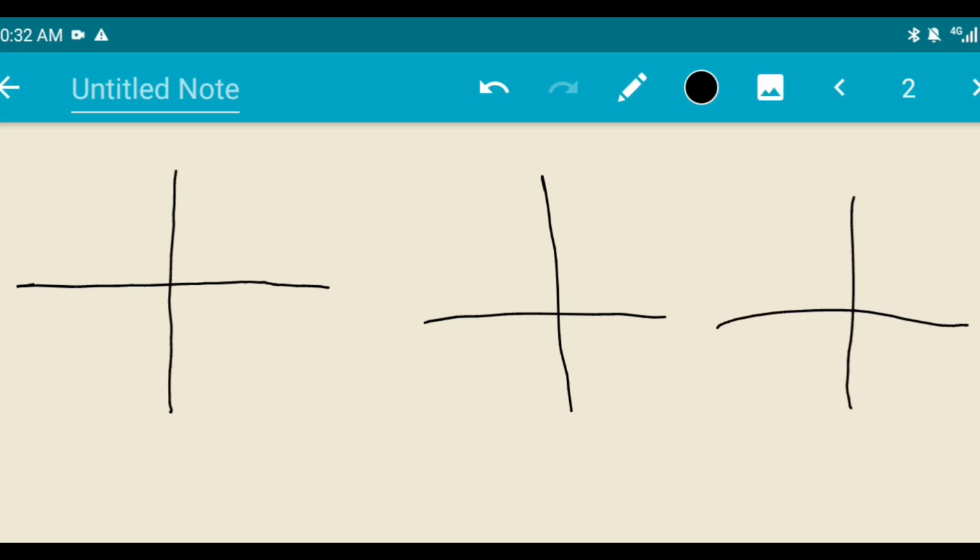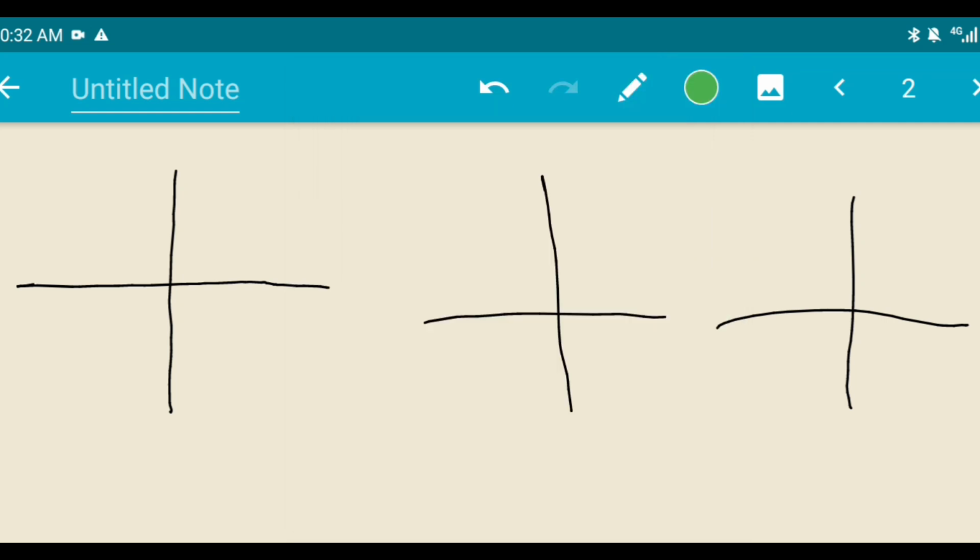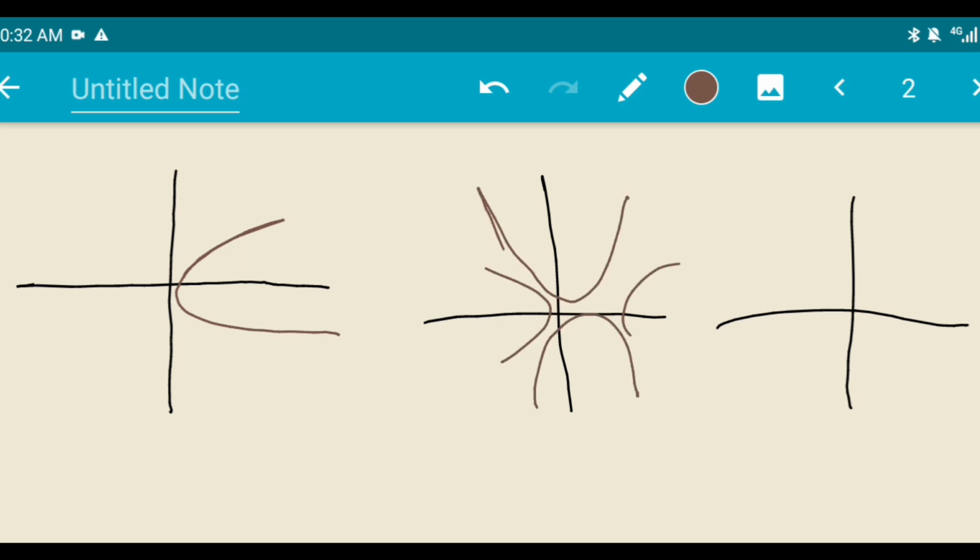Let me just run you through the orientation of a parabola and aid you in what it would look like. In this case, the parabola can look like this, it can look like that, it can have different orientations.